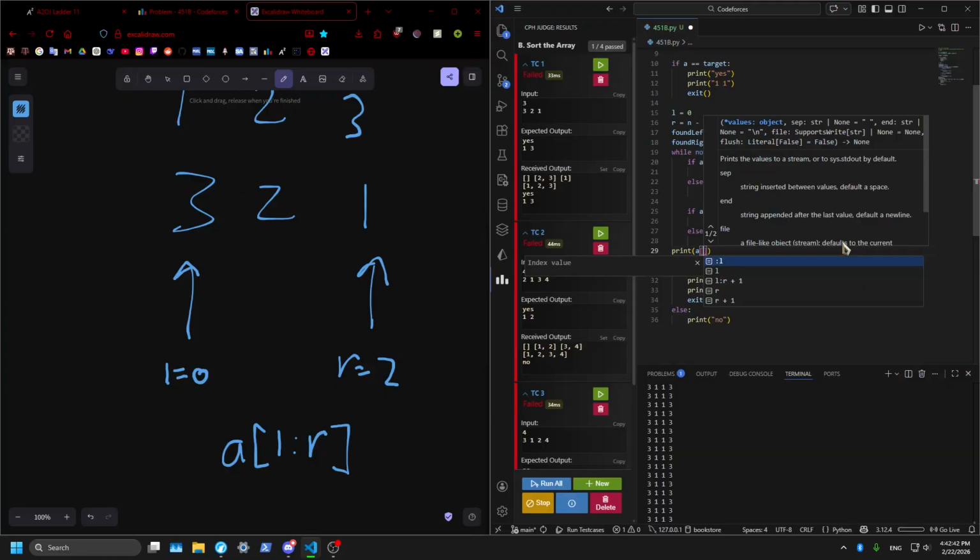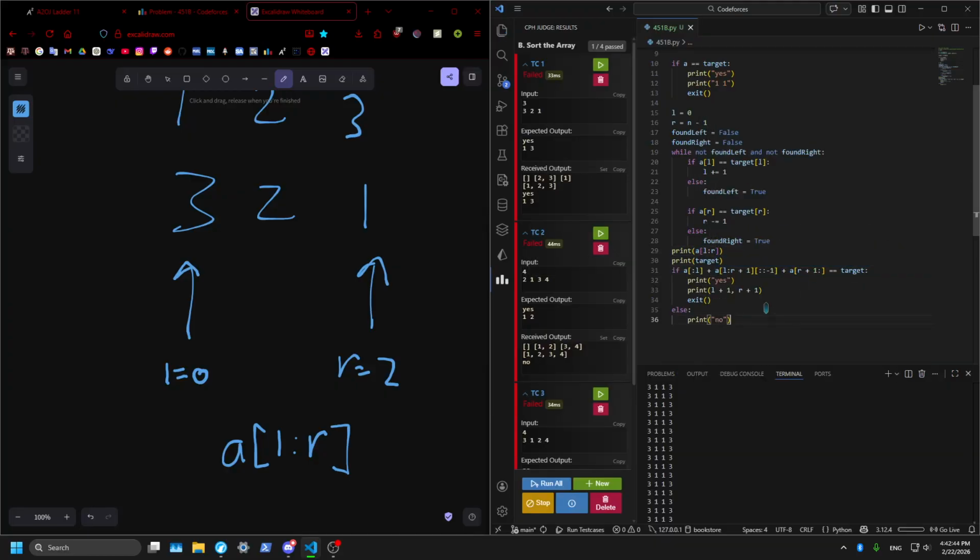Print A, L, R. 3, 2. So we want R plus 1. And then we want to reverse this. There we go.